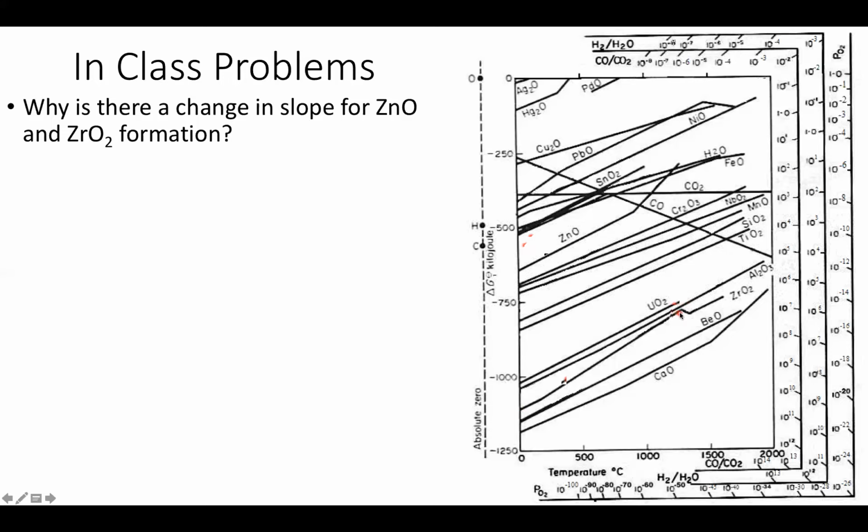Then at a very interesting point around 1200 degrees C, we see a very odd case where the reaction now becomes more favorable as I go to higher temperature. And the reason why is actually fairly straightforward, because I now go from zirconium plus oxygen making solid zirconium oxide, to liquid zirconium oxide.